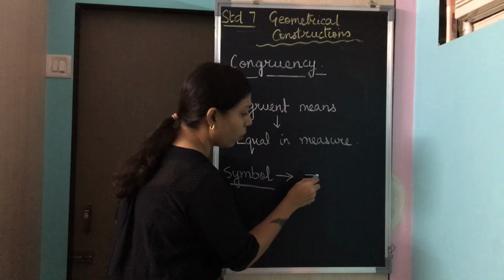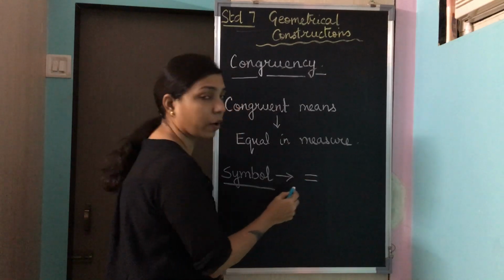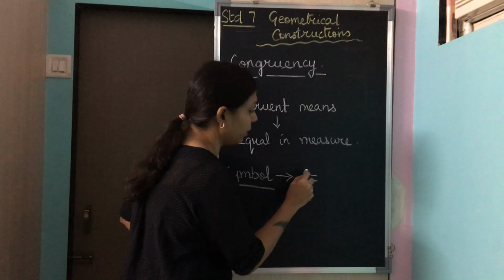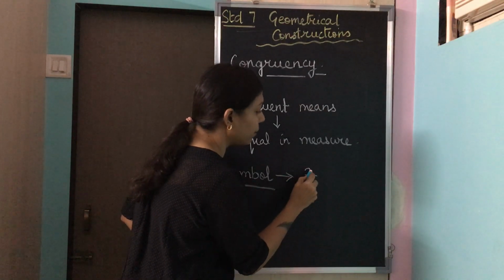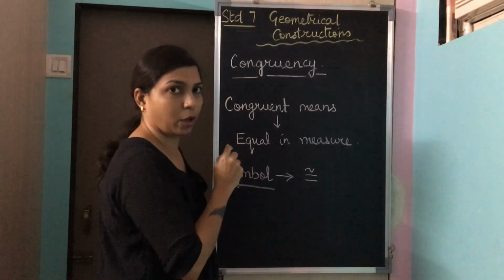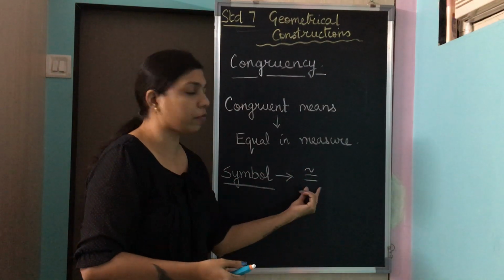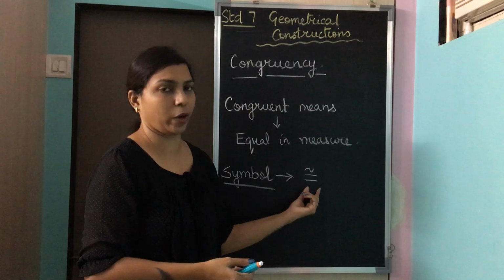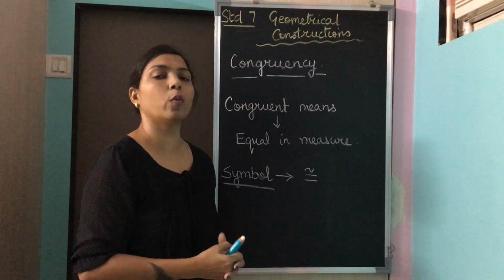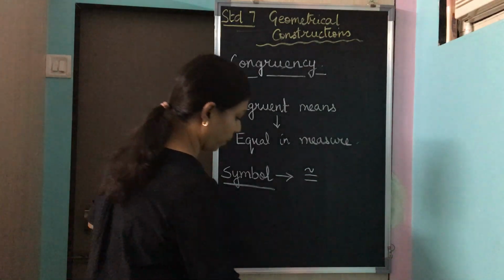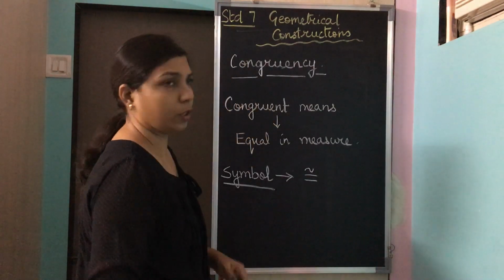You make your equal to sign, and then on top of the equal to sign you make an inverted S. Okay, an S like a figure which you make on top of your equal to sign. Okay, this is the symbol which is used to show congruency. So now we continue further.